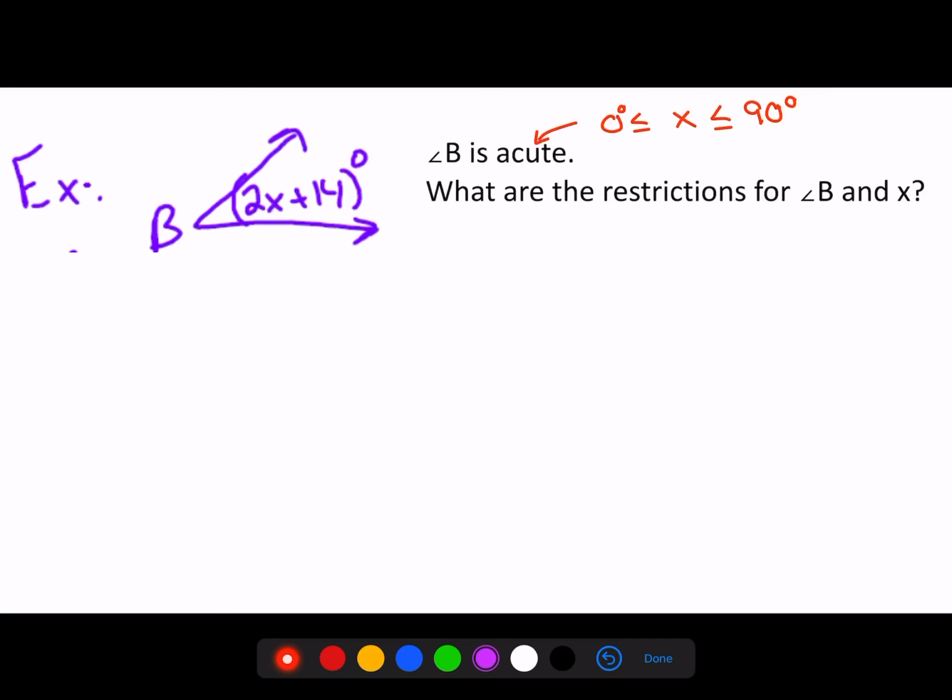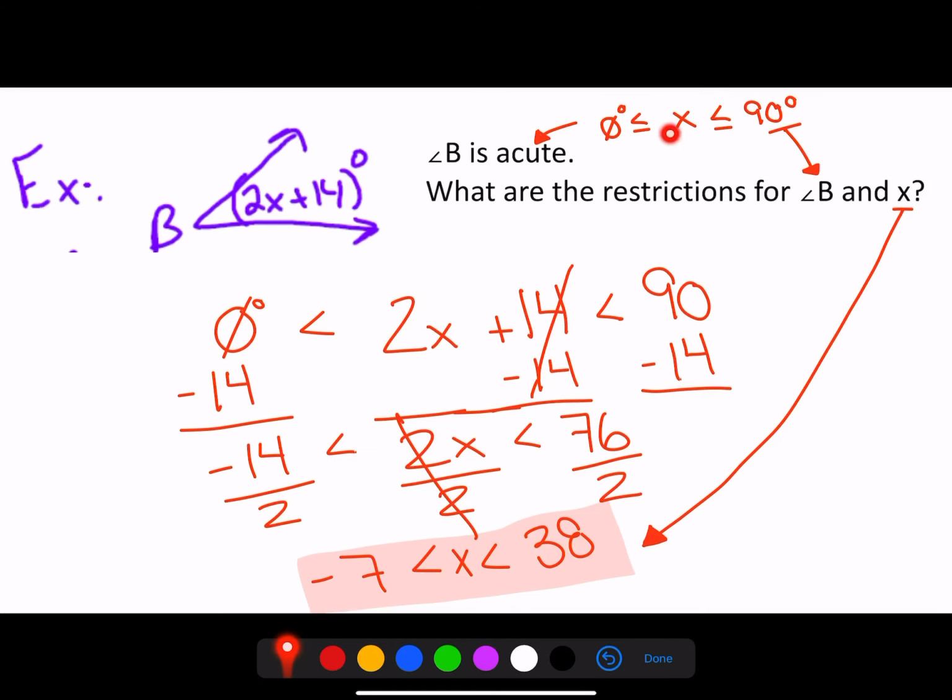And those are our answers. So angle B must be between 0 and 90 because it's acute. Meanwhile, for x, for this to remain an acute angle, x has to be greater than negative 7, but less than 38. So those are our restrictions.